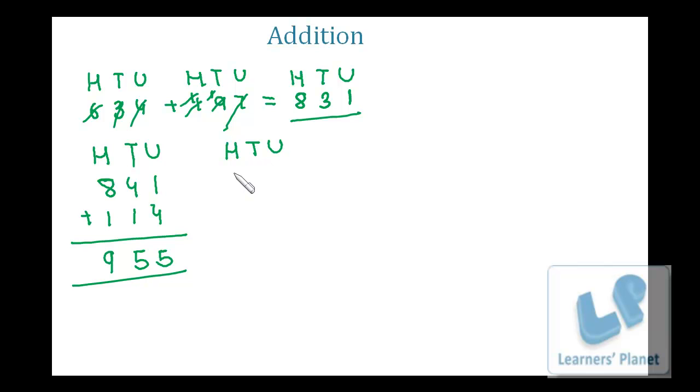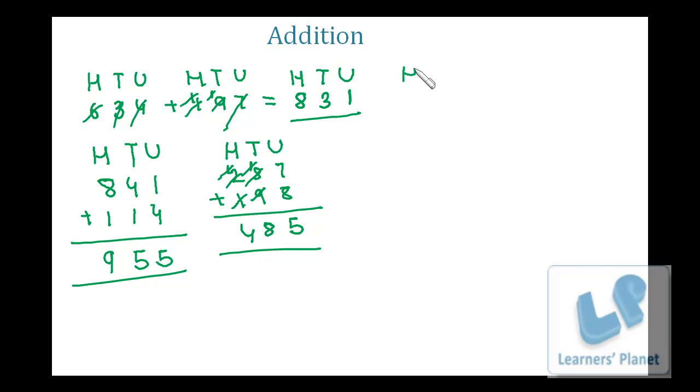Suppose we have 287 plus 198. Now 8 plus 7 first, that is 15. So 5 and 1 is carried. 9 plus 1, 10, plus 8, 18. 1 is again carried. So 1 plus 2, 3, plus 1, 4. So that's 485.